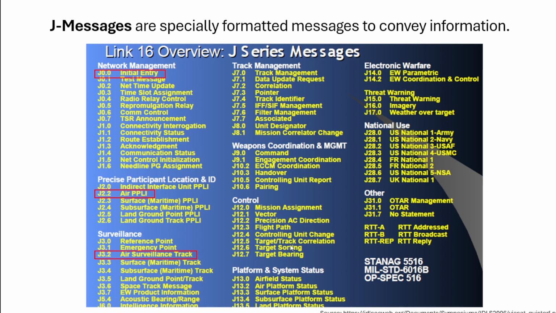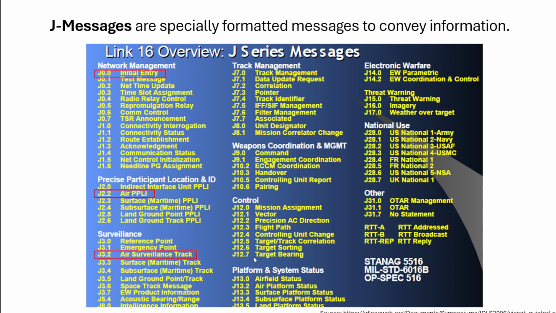These ones are not implemented in BMS. J12.6 is the information coming from other PPLIs about what they are targeting now. And J12.5 is the message coming from the AWACS correlating your target with some other PPLI or surveillance track.